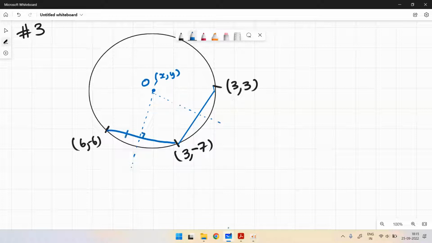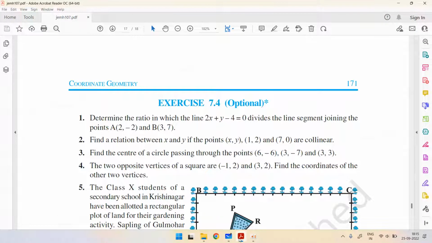You divide the sides into equal parts, and this into equal parts. So what it is saying is to find the points.